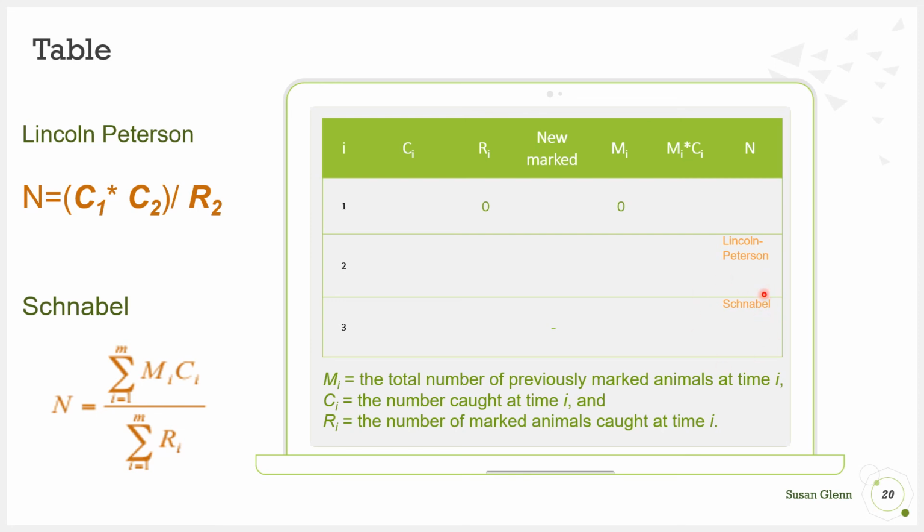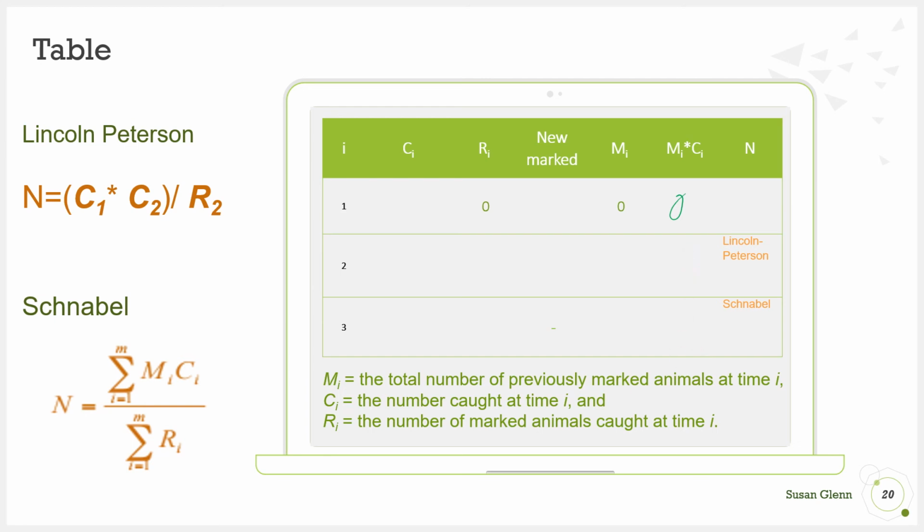And then the Schnabel index, remember we need to multiply the number previously marked times the sample size at each level. So I just added a column in Excel here where I'm going to take the number marked in the population times the number that you catch. And obviously for the first time that number is going to be 0, but then you'll have values for the second and third time.